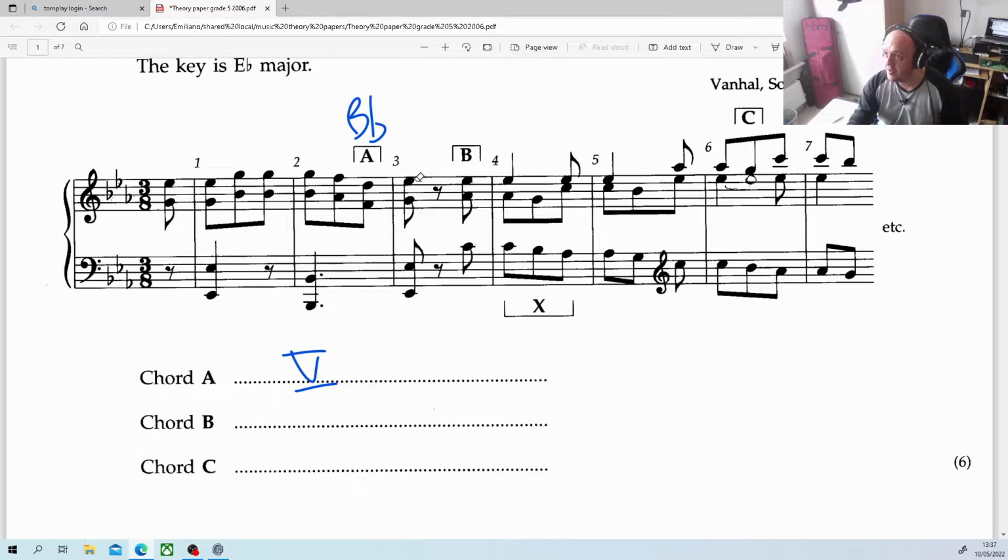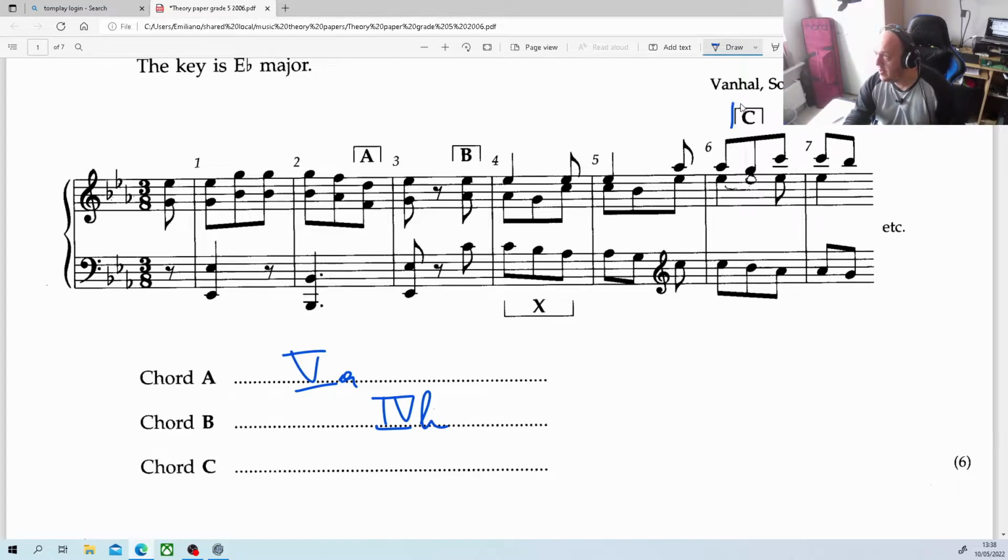It's chord 5. It's in root position because the root of the chord is at the lowest. So 5A. Second chord, that's chord 4. In first inversion, it's an A flat major triad with the third at the bottom, at the lowest. So it's chord 4 in first inversion.